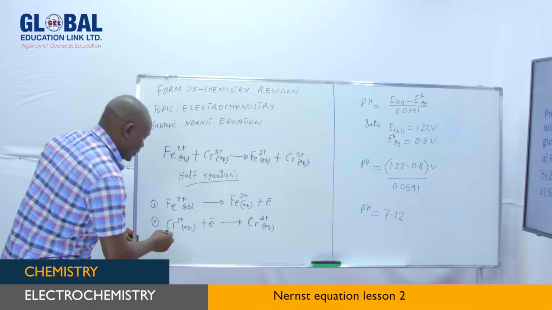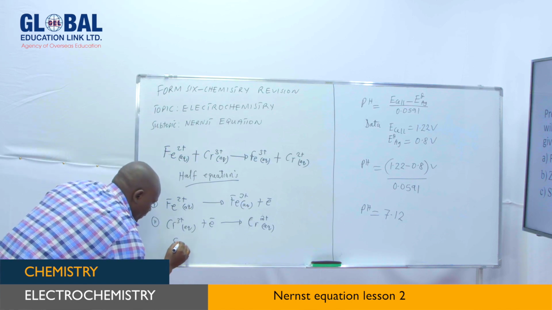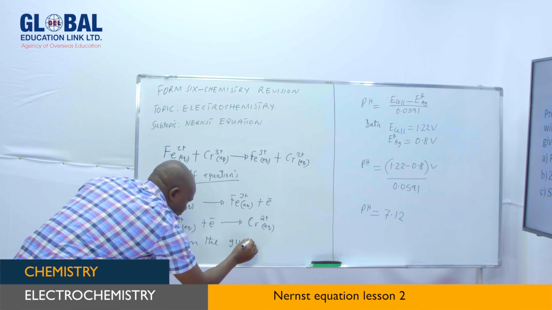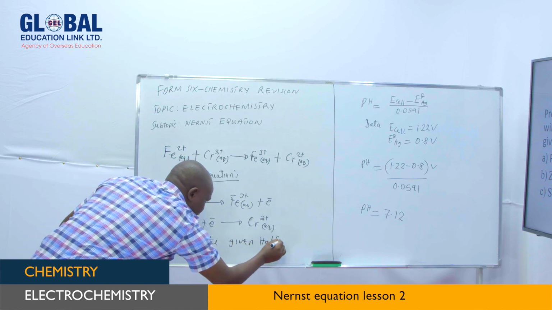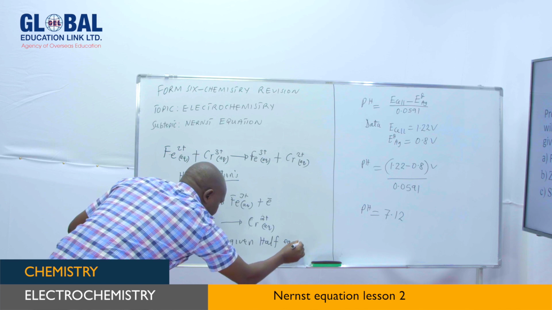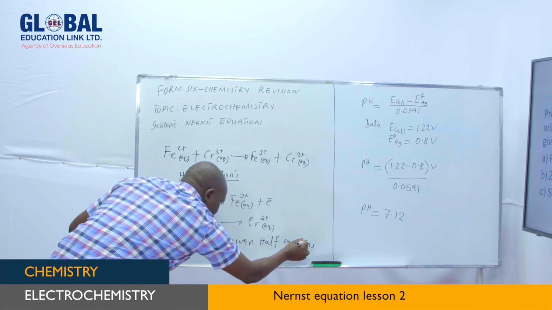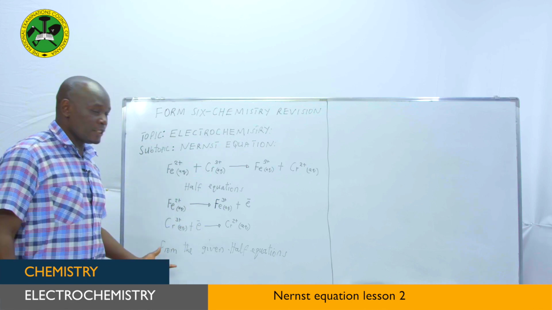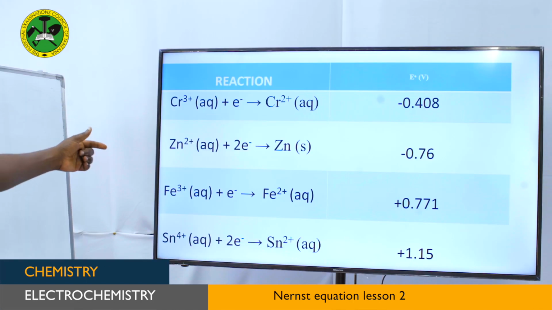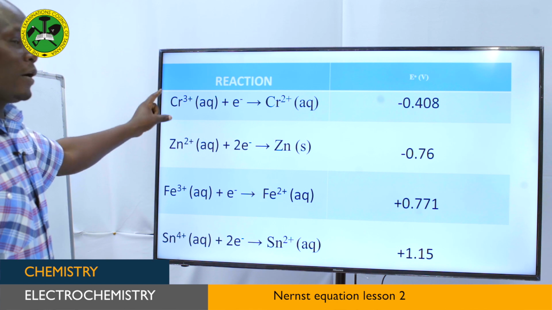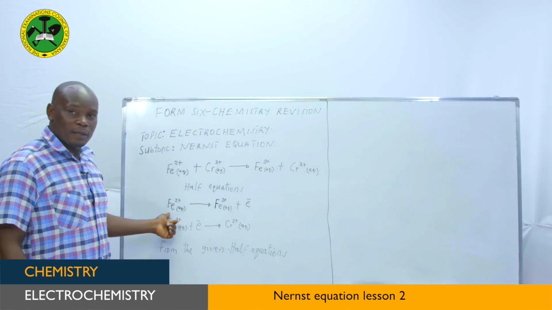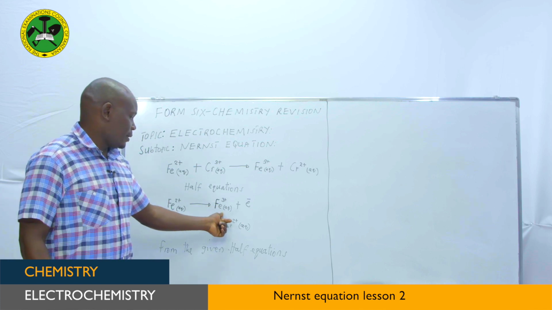Now let us compare our half equations with the given reduction half equations of our half cells. If we observe, we have iron 2 that has changed into iron 3.